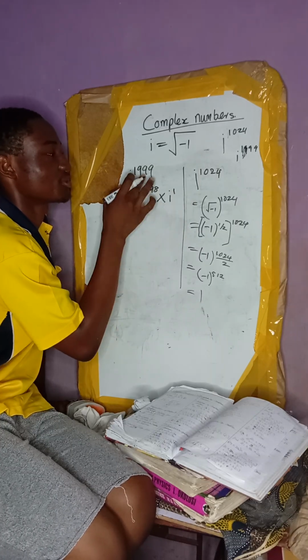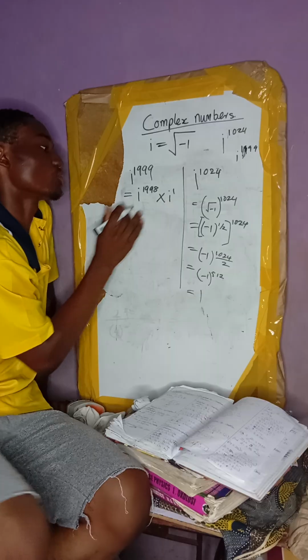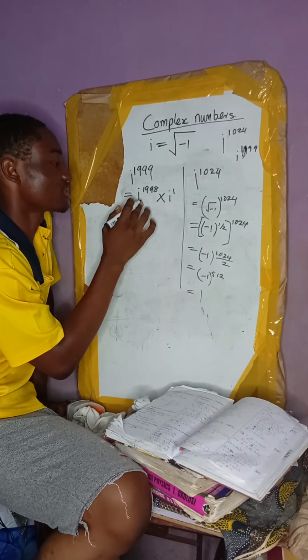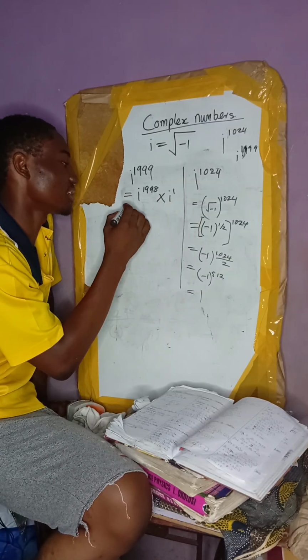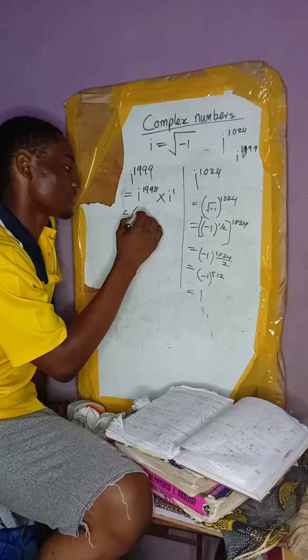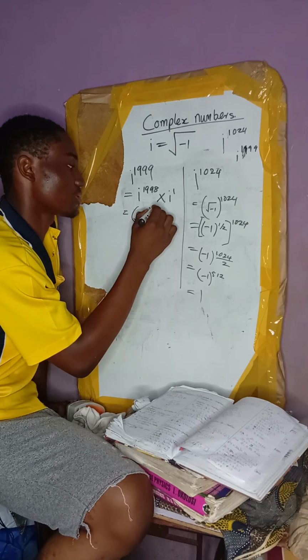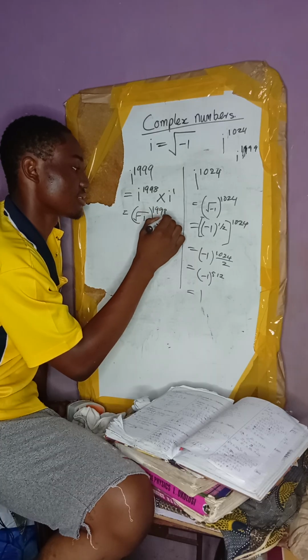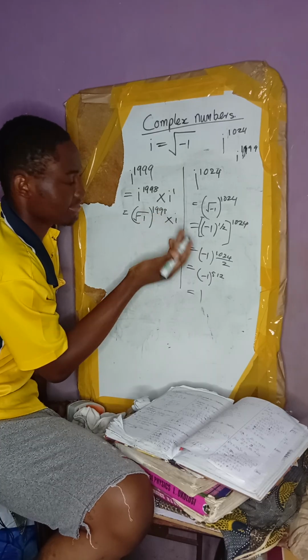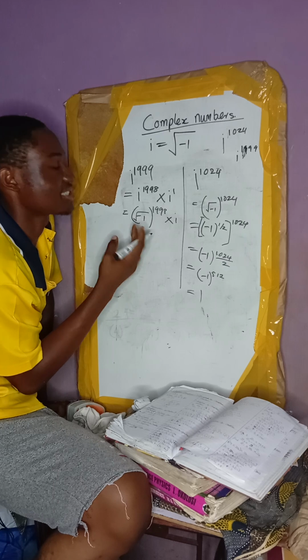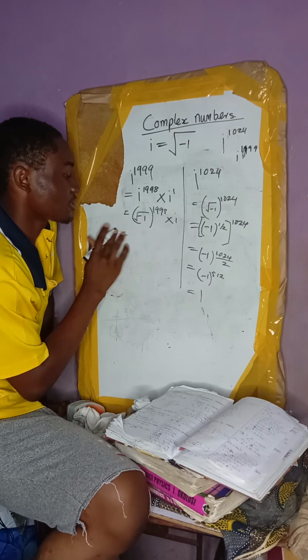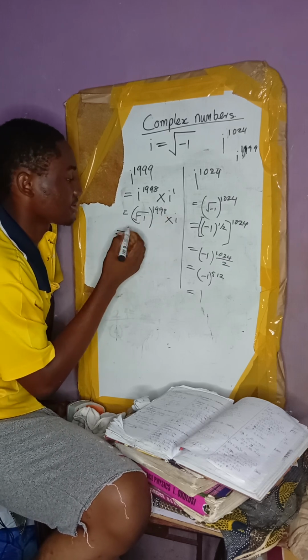If we add this together, it still gives us this back. So we have an even number here, so we can bring our root of -1 back in. -1 raised to power 1998. You just keep the i there like that, since it's an odd number. For odd numbers, you just keep the i there.